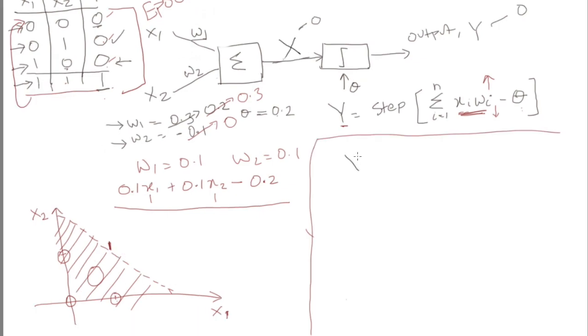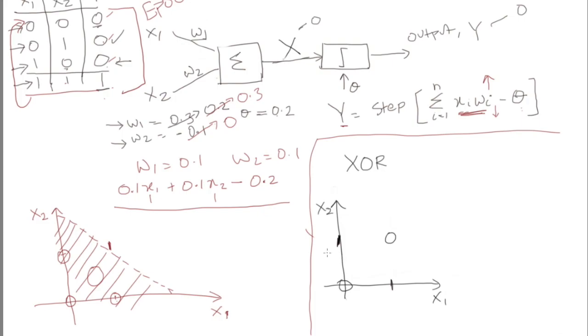Now suppose we would like our perceptron to learn the logical operation XOR. So given two variables, x1 and x2, the XOR function can be visualized as such. 0 XOR 0 is 0, 1 XOR 0 is 1, 0 XOR 1 is 1, and 1 XOR 1 is 0.